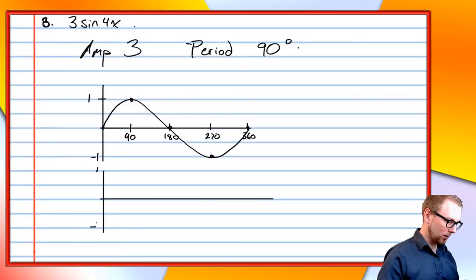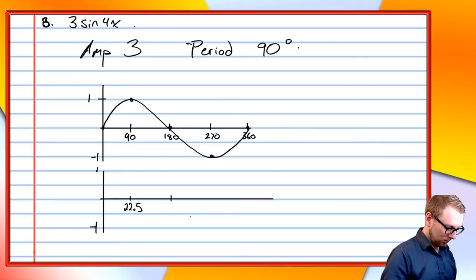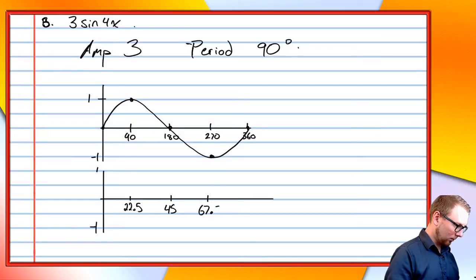This hasn't changed, -1 and 1. I'm just going to go to 22.5, 45, probably 67.5. Yep. And then 90.